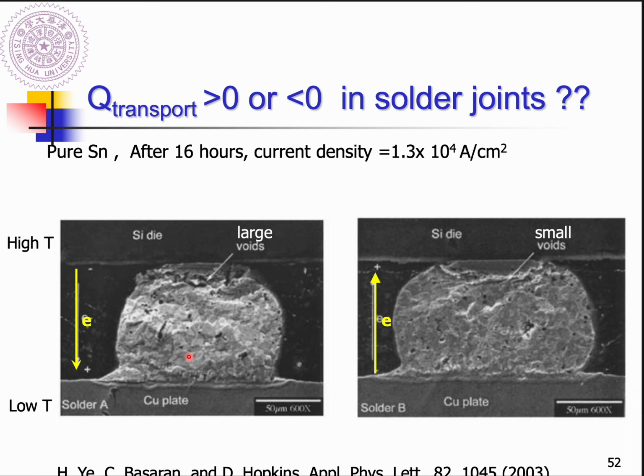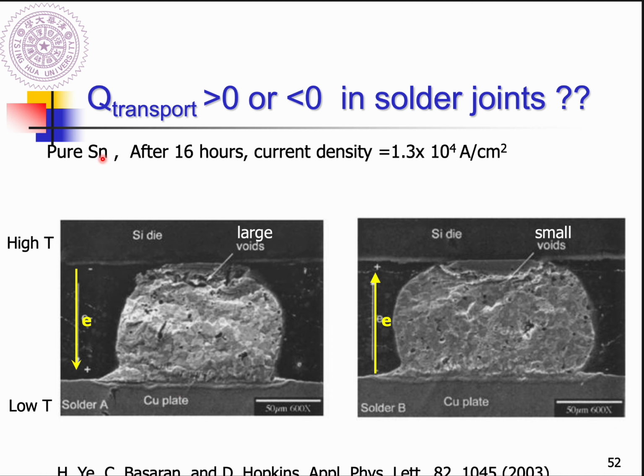So my question here is, in this kind of structure, can you directly determine the sign of the heat of transport in this solder bond? Can we directly determine that on this type of structure?